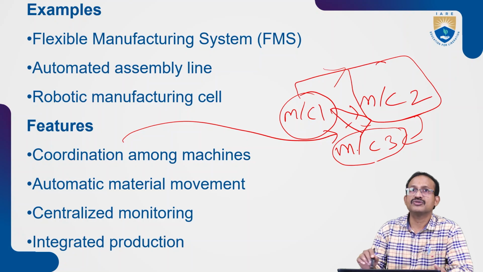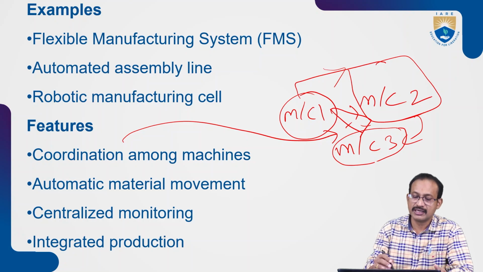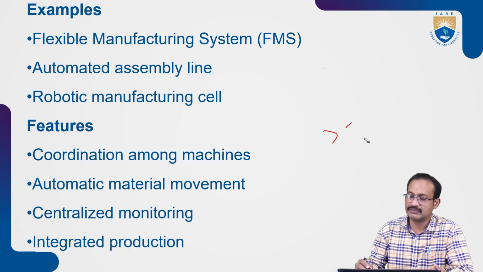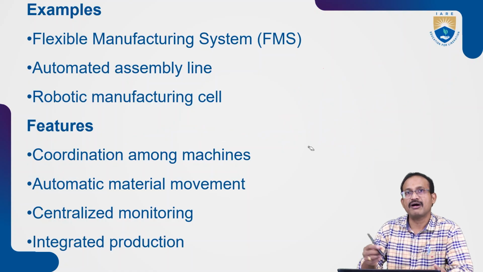Coordination among these machines is needed because sometimes all three machines may be capable of performing all operations. But if there is coordination, whatever is left over should be done by all these machines.